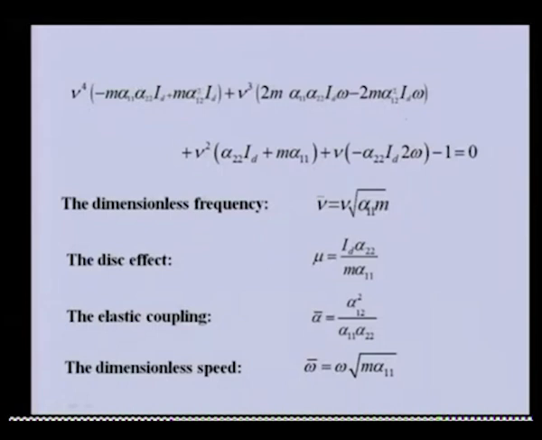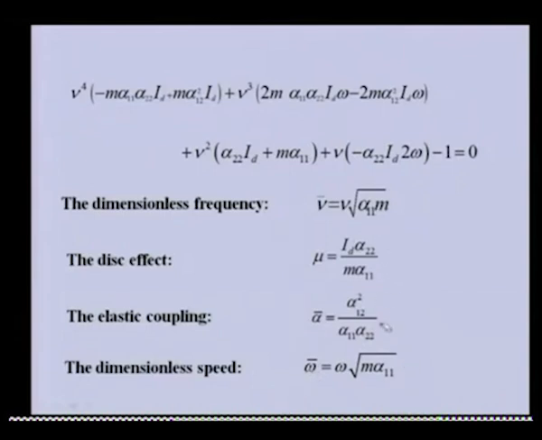So, we will define some non-dimensional parameters, like dimensionless frequency ν̄ as ν times the square root of α11 m, the disk effect like this, and the elastic coupling between the linear motion and the angular motion, that is translatory motion and the angular motion, like this. Then dimensionless speed I am defining like this.